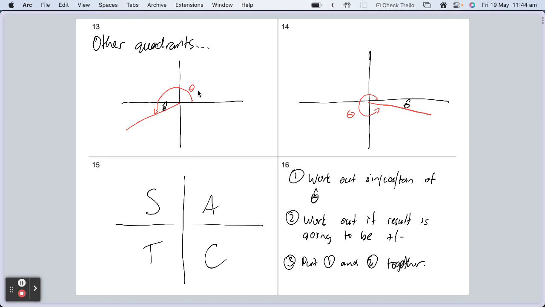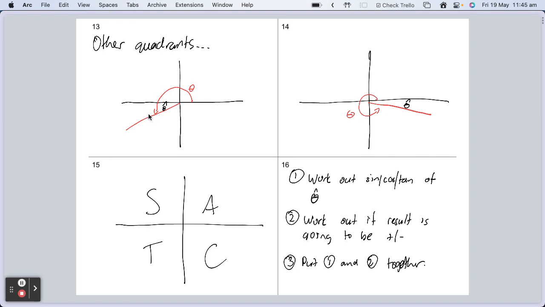Okay, so I just wanted to show briefly the other quadrants. So if I have a third quadrant, so first, second, third, fourth, if I have a third quadrant angle, these two are reflex angles, aren't they? So that means it's beyond pi, but below 3 pi on 2.